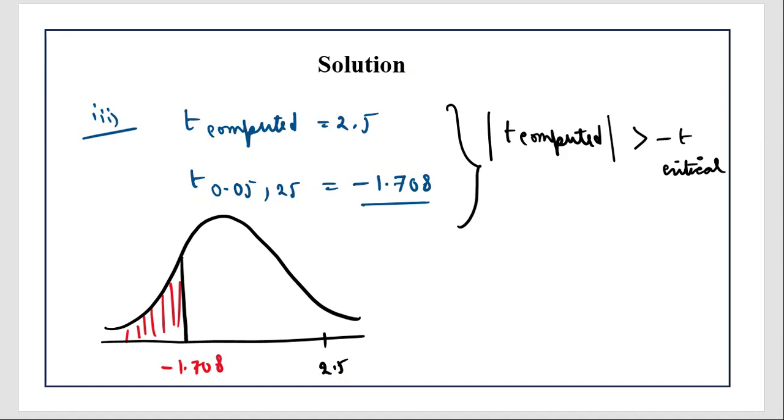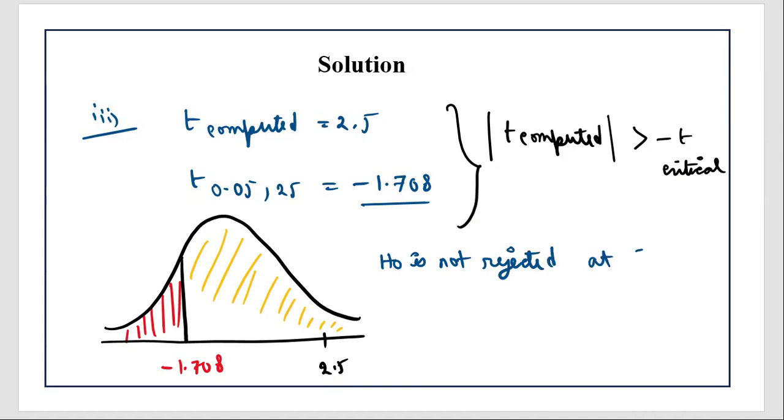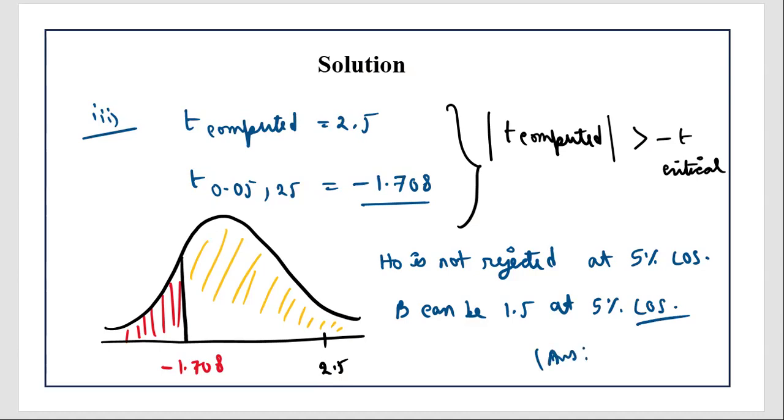So basically, t computed falls into the acceptance zone. This is the acceptance zone. So what we can conclude, we can say that H naught is not rejected at 5% level of significance, and beta can be 1.5 at this 5% level of significance, right? So this is how you solve the entire question.